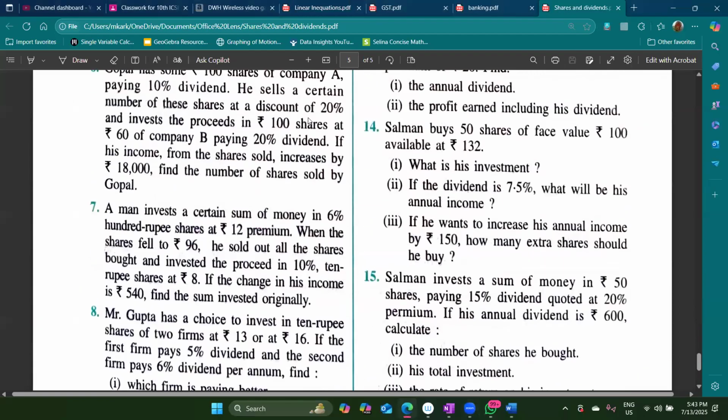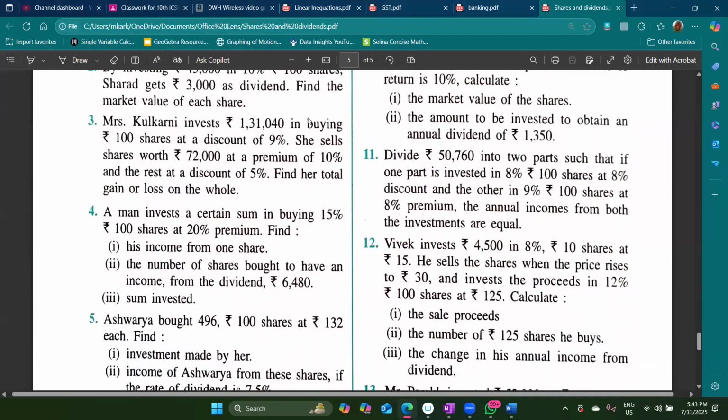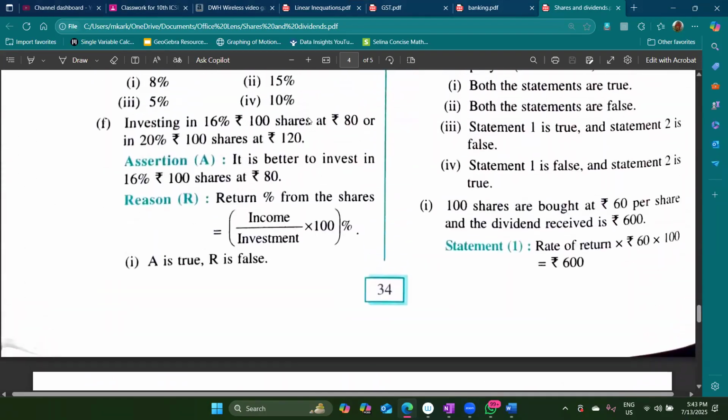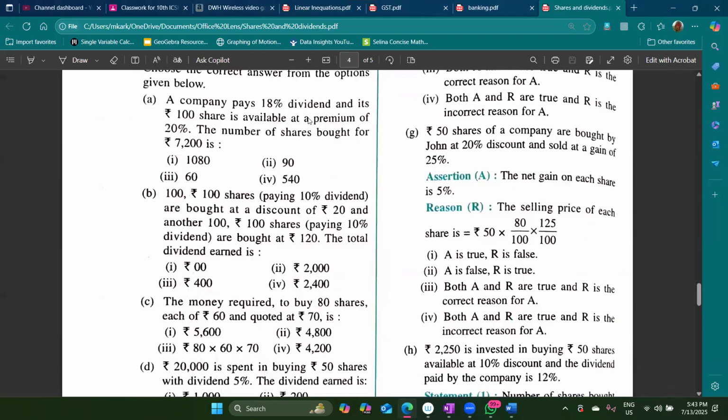So can you do shares and dividends? Sorry? Can you do shares and dividends? Like test yourself. Yeah. MCQ. Sir, no MCQs, please.